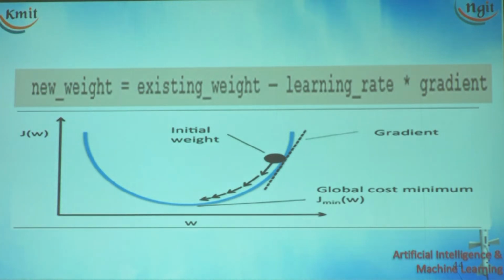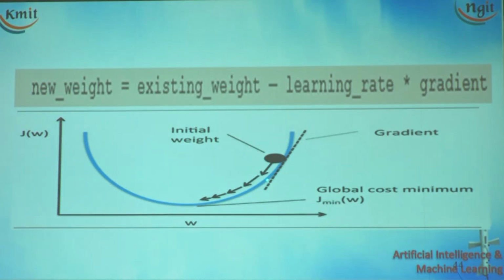So you see this here. We are starting here. This is the initial weight. We will calculate the gradient, that is the differentiation based on the first order derivative, and then based on the learning rate into the gradient, we will change the weight.